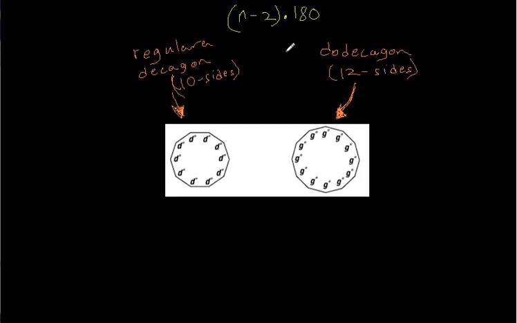But before jumping in, let's backtrack a little. What does the term regular actually mean? It's telling me that all of these sides are equal, and all of the angles are equal as well.